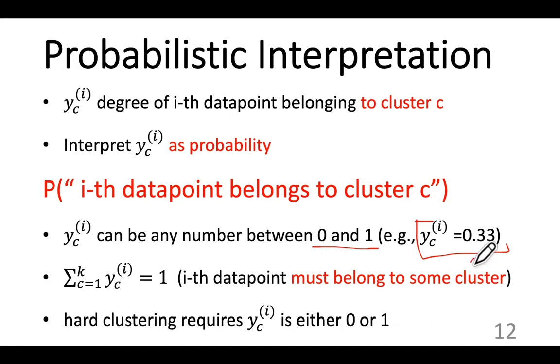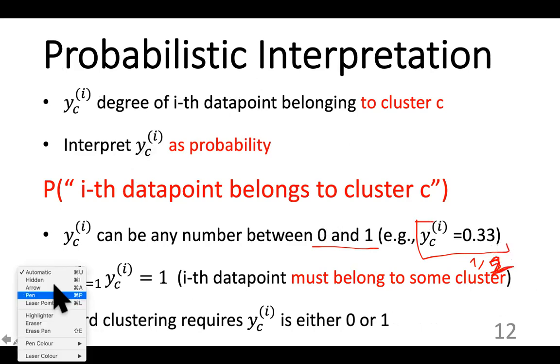This would be somewhat a boundary case. So exactly a boundary case would be when the degree of belonging to a certain cluster, for 2 clusters, for example, would be 1/2. So if this would be 0.5, then this data point would belong to each of the 2 clusters with the same degree of belonging. This would exactly be a boundary point.